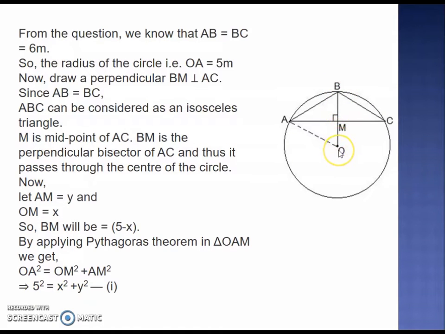So if OM I have taken as X, BM should be 5 minus X. Now these are right angle triangles. So we can apply Pythagoras theorem in this. So from there I get OA square is equal to OM square plus AM square. That is 5 square is equal to X square plus Y square. This one I will mark as equation 1.